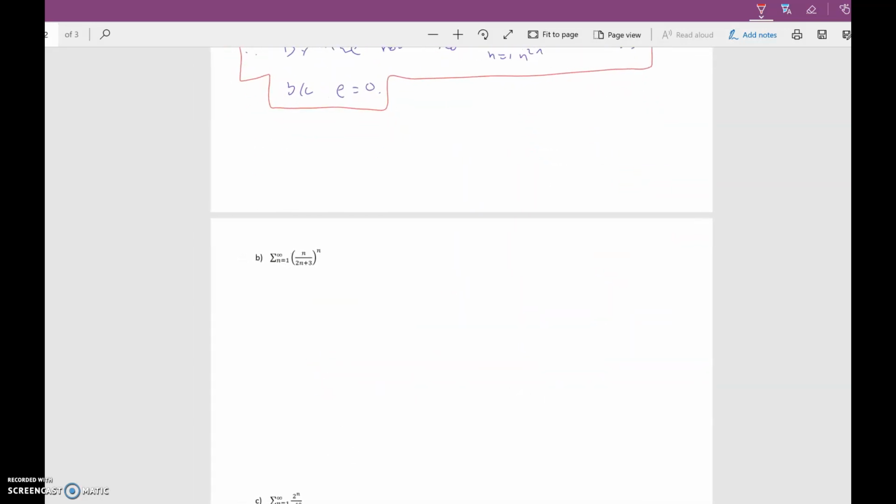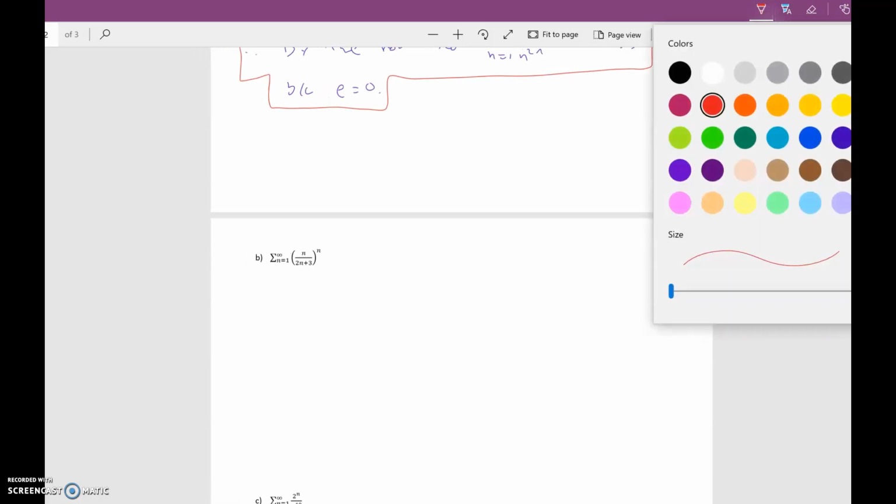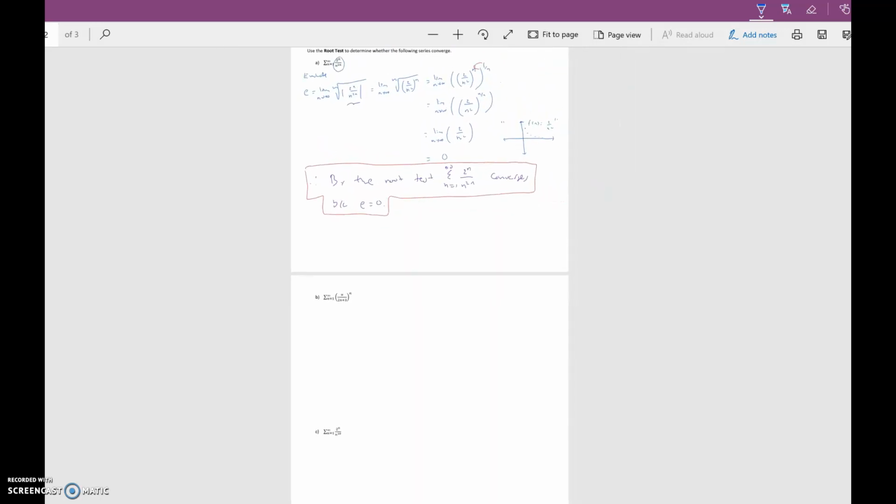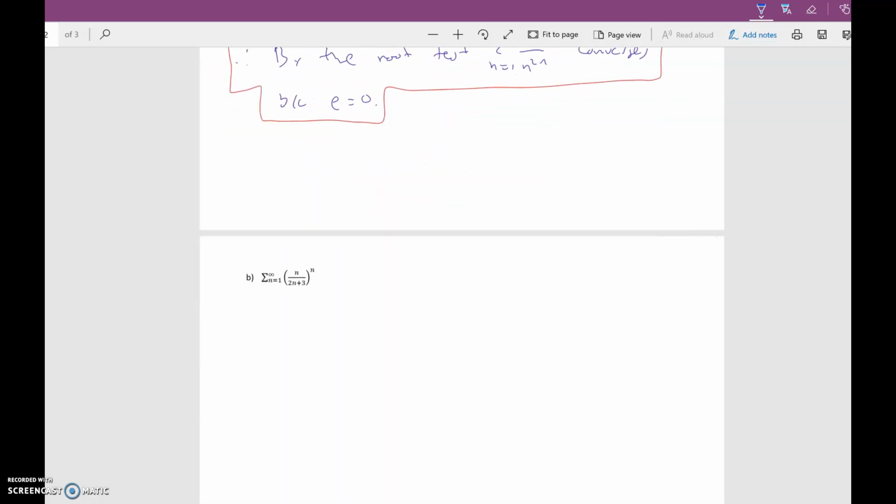Okay, so let's take a look at problem B. In problem B, I'm just going to evaluate the value of rho. In this case, rho is equal to the limit as n approaches infinity of the nth root of the absolute value of n over 2n plus 3 raised to the n.